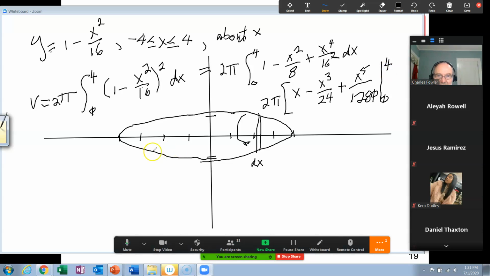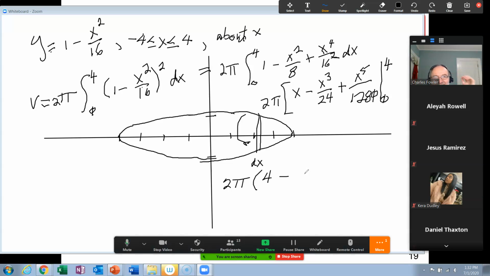Now, that, believe it or not, will not be as bad as it looks. 2 pi. Certainly with the 4 in there, that's just a 4. Minus. Now, 4 cubed is 64. But remember that 24 is 8 times 3. Well, 8 is 4 cubed.